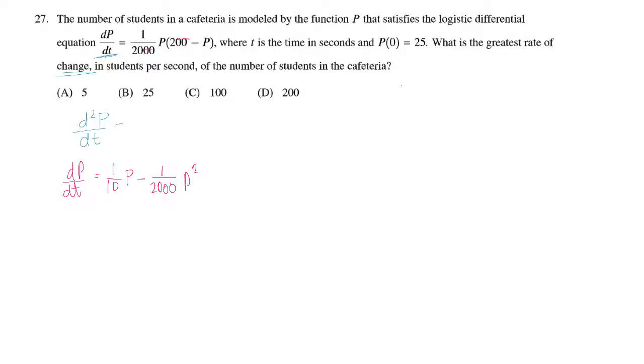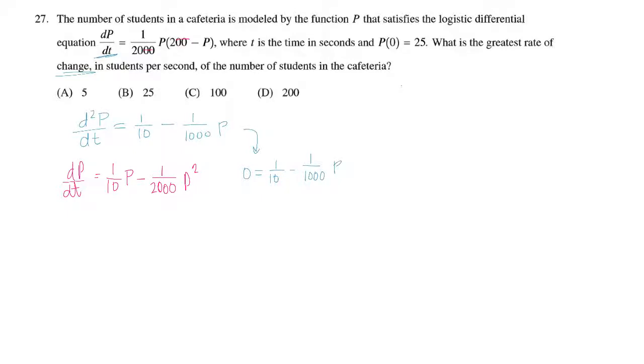So the second derivative is going to be 1/10 minus 1 over 1,000 p. And so let's set that equal to 0. So I have 1/10 minus 1 over 1,000 p equals 0.